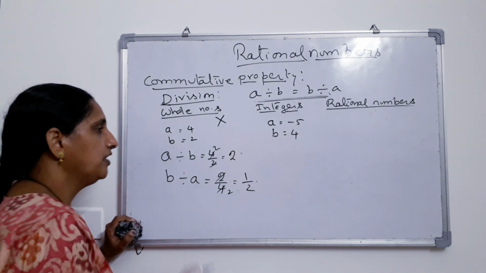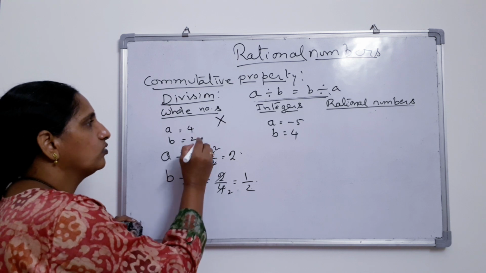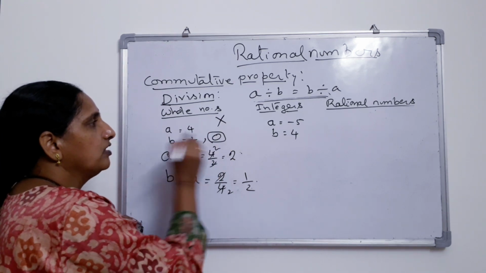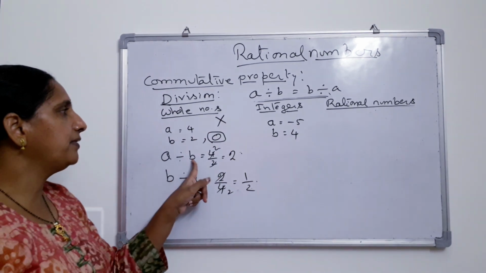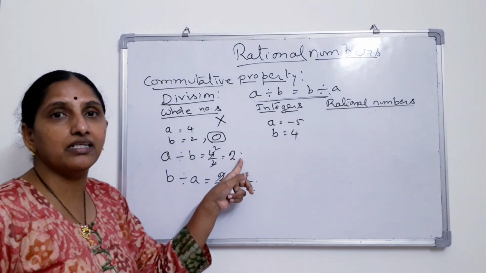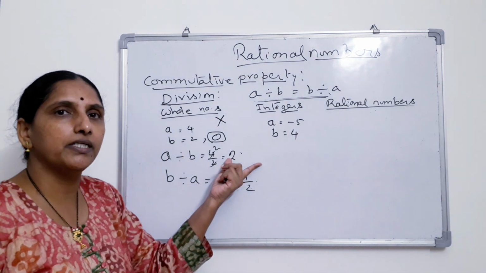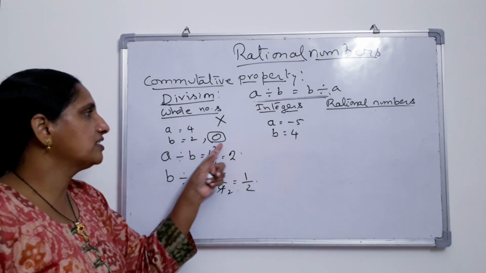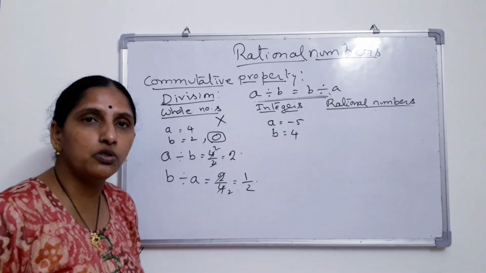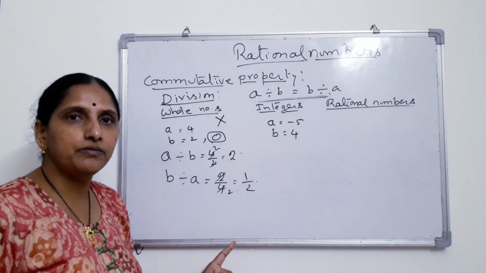If you take 0, suppose if I take 0 here, so when you do A by B, something by 0 we are getting, that means infinity. Of course infinity is not a number, but we just represent it as infinity. And here B by A is 0 by something, which is equal to 0. So both are not equal.